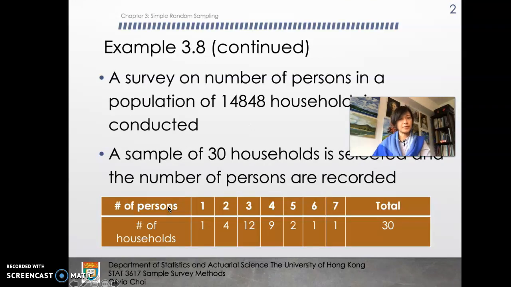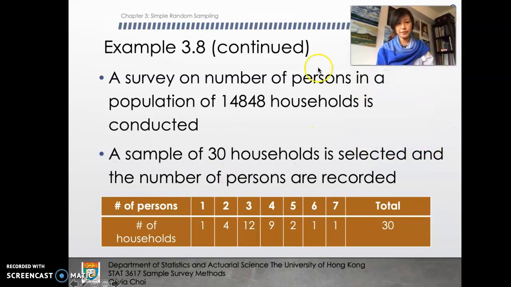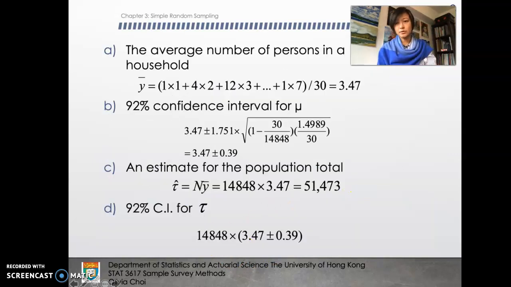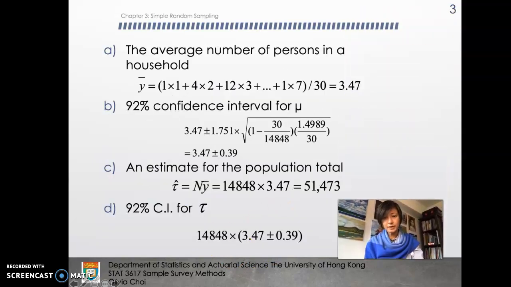All right, so go back to example 3.8 with the survey on the number of persons in the households. We know the total number of households in the area. We only sample 30 of them. Last time we calculated the average number of persons per household, which we have done previously.